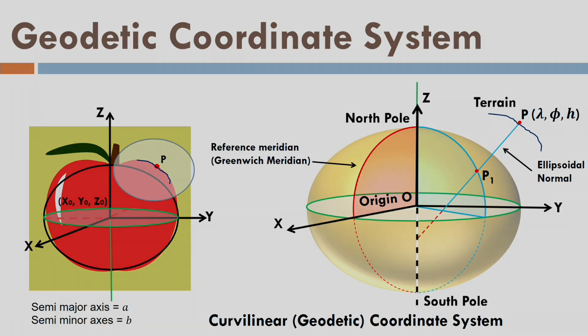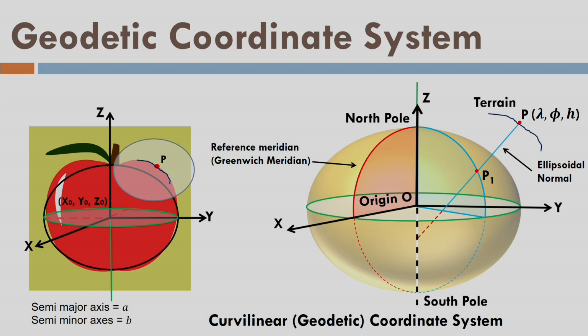And if I connect the north pole, south pole and the point P1, it is called the meridian of the observer, because it is passing through the perpendicular projection of point P on the ellipsoid. So remember, the observer's meridian is the circle or ellipse passing through the north pole, south pole and the projection of the observer's point on the ellipsoid.